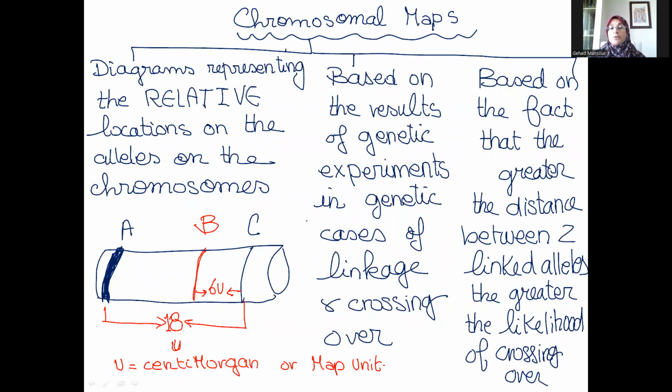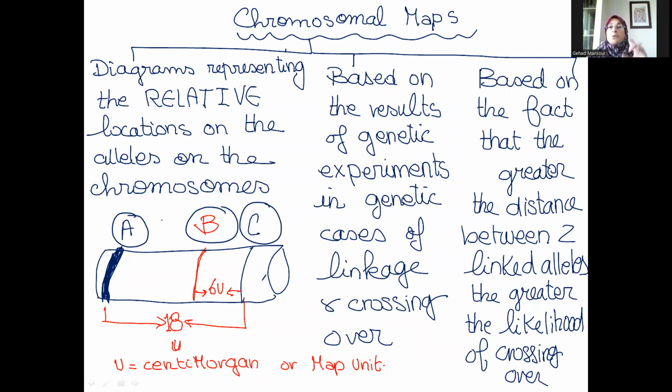Now, the new concept we are going to discuss is the chromosomal map. And actually, the diagram you see here on the screen is a chromosomal map. The chromosomal map is a diagram that represents the position of the alleles on the chromosomes.